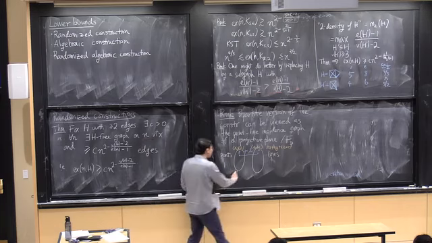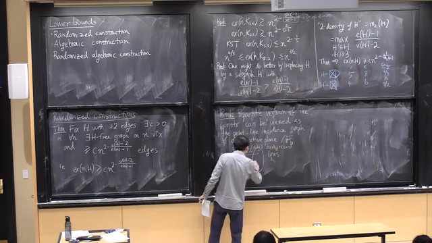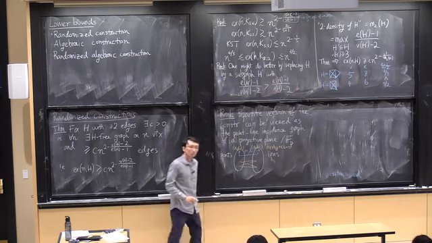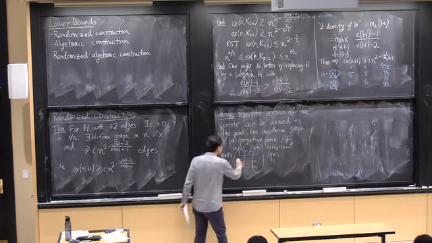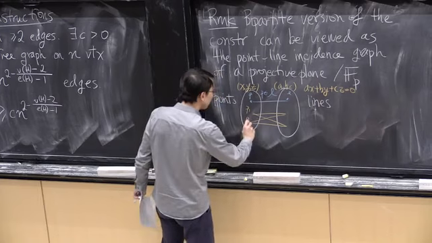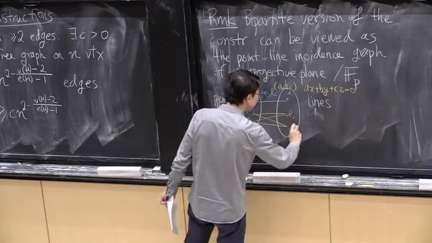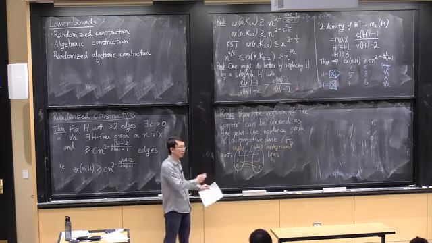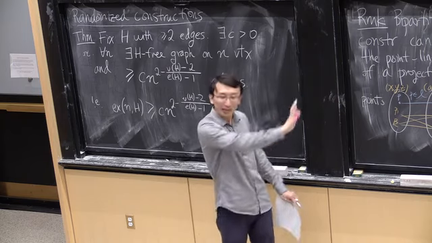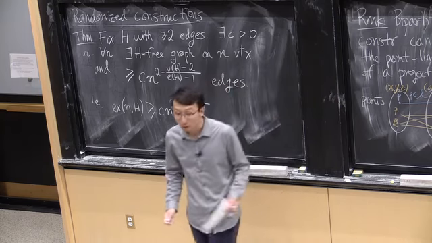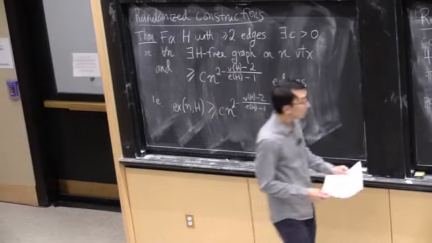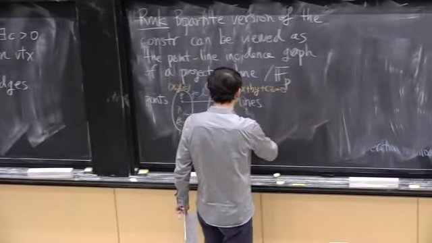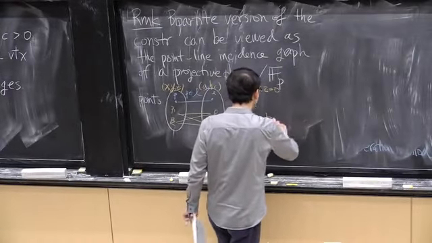Now, why is there no 4-cycle? A 4-cycle would correspond to 2 points lying on 2 different lines, which is not possible in this geometry. So that's the reason for that construction up there. No 2 points in 2 lines.